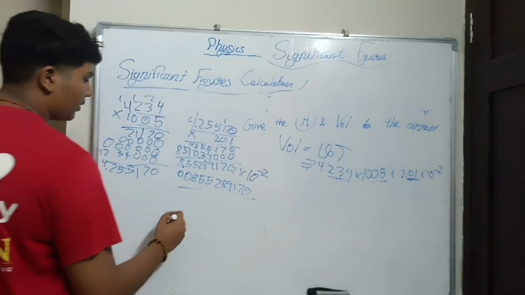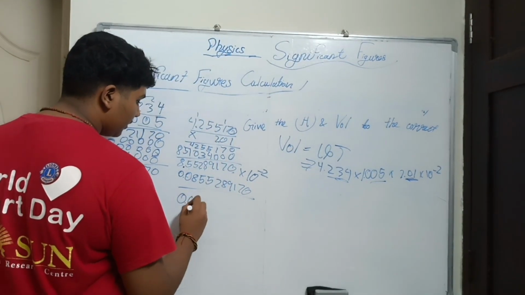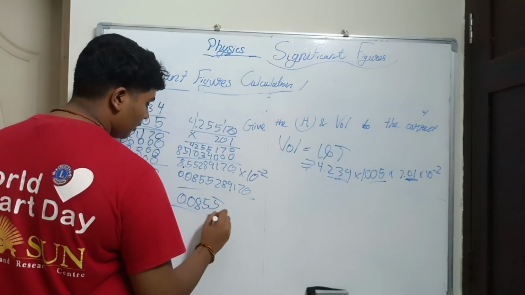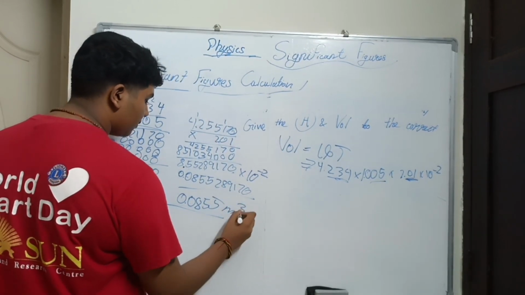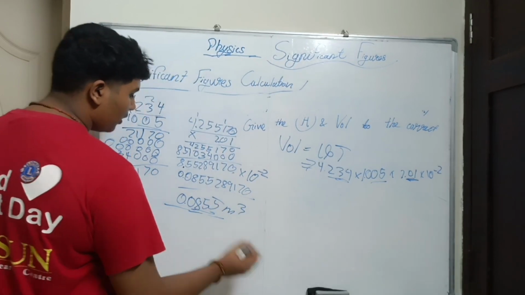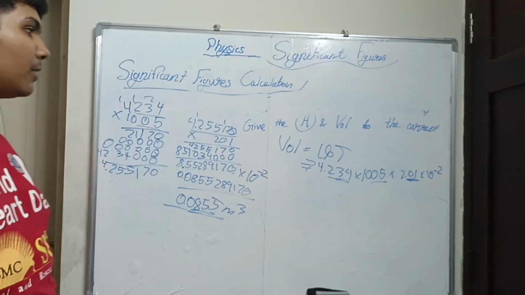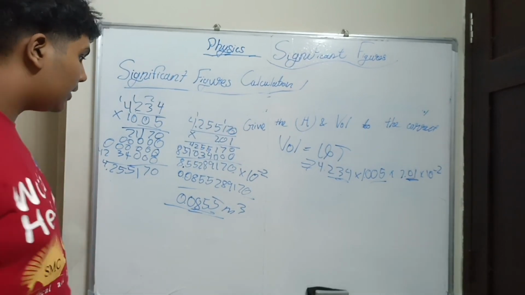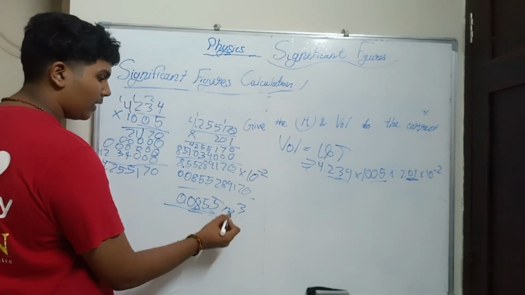So we'll round up to that. 0.0855 meter cube. So here we got 4 significant figures. See if you all got the correct answer. 0.0855 meter cube.